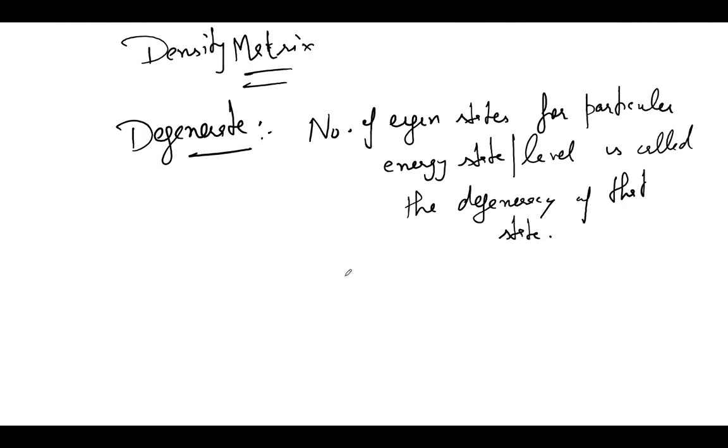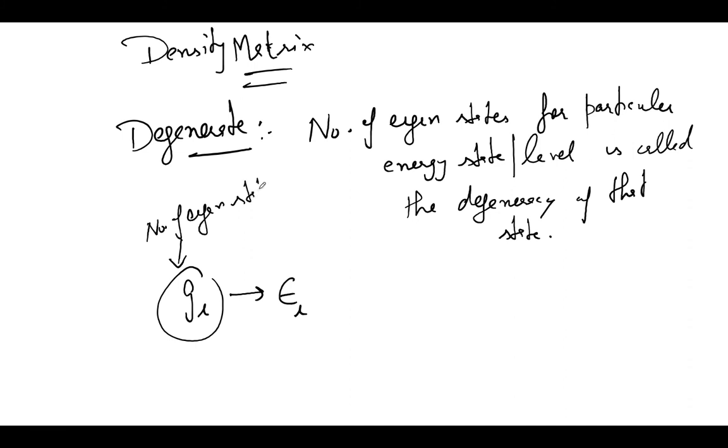Gi is generally used to represent this degeneracy, and we generally represent the energy eigenvalues as Ei. So Gi is the number of eigenstates for the ith eigenstate, which has energy Ei.